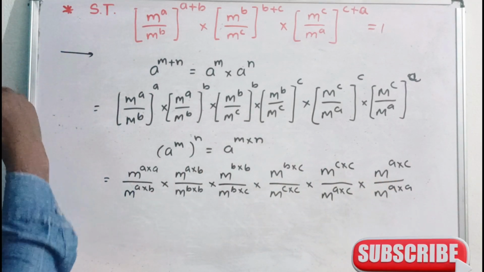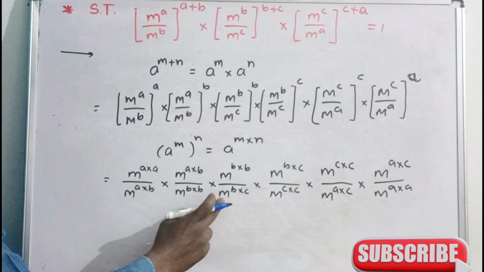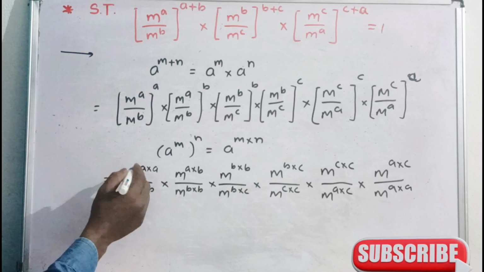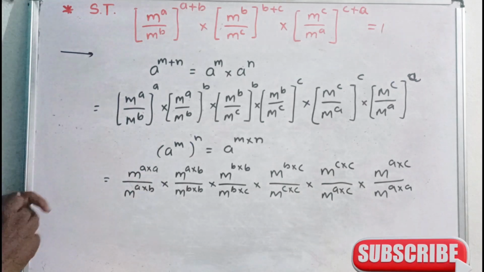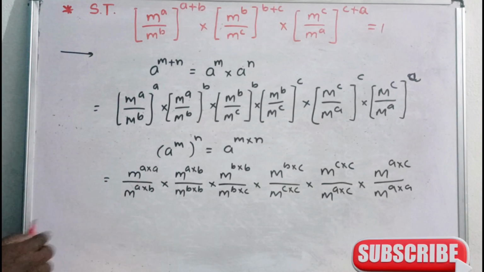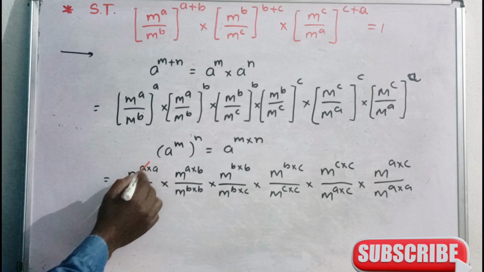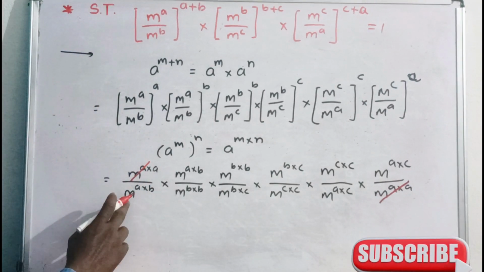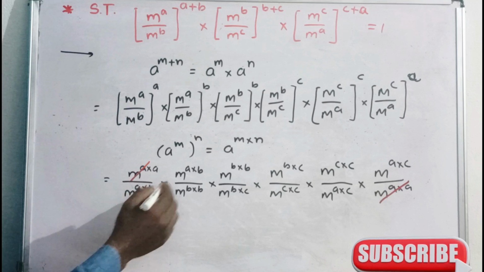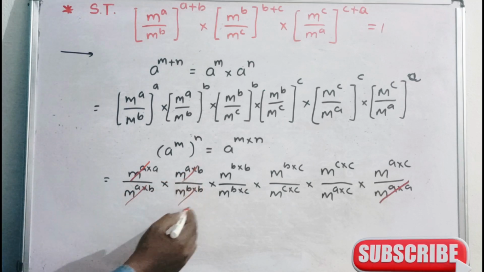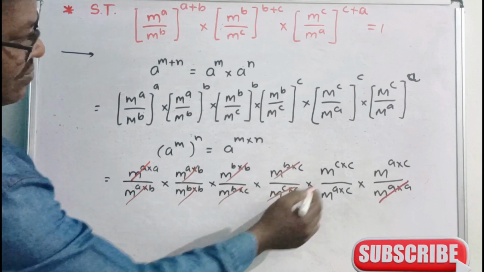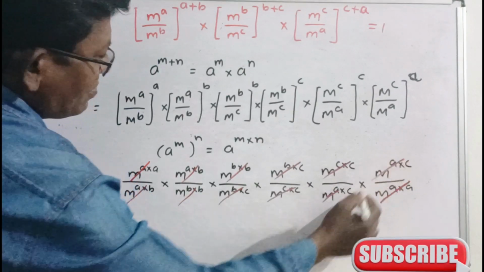Correct? a into a here, m raised to the power a into a, this and this get cancelled. a into b gets cancelled, b into b gets cancelled, b into c, c into c, a into c.